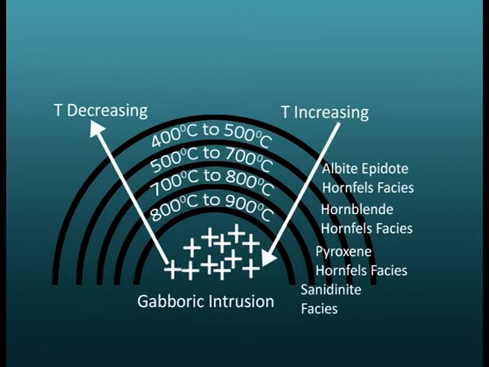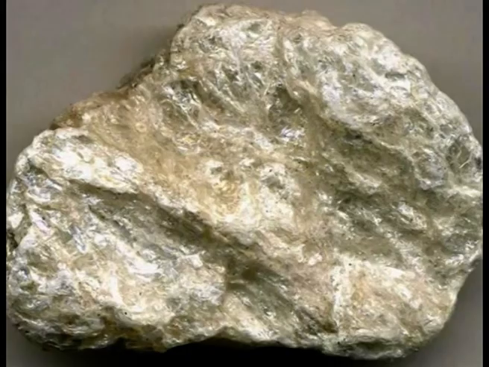At immediate contact, we can observe sanidinite facies, while at the outer fringe we can see the albite epidote Hornfels facies.